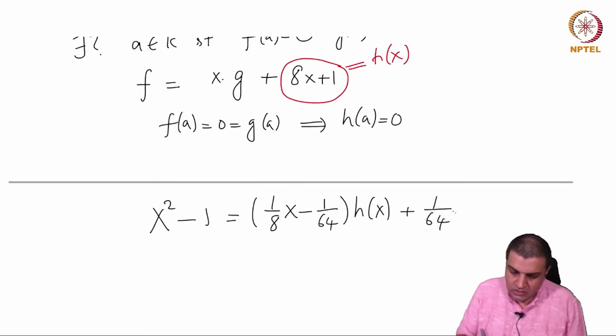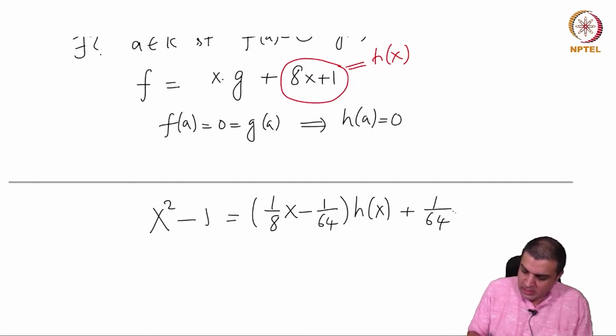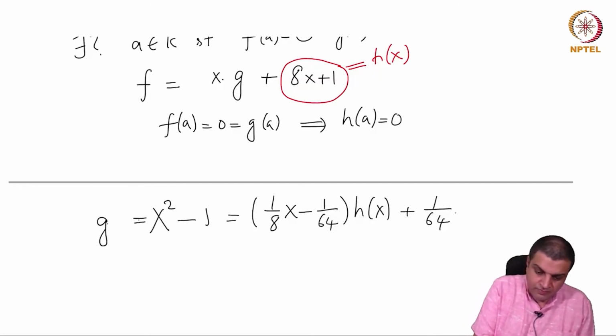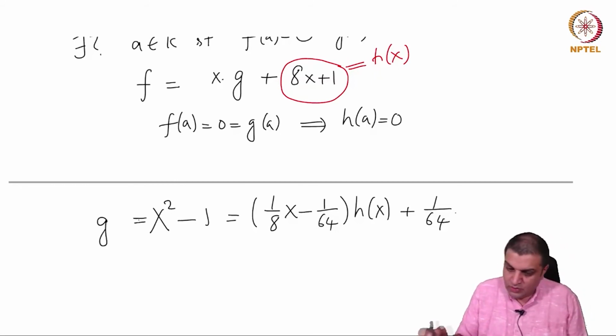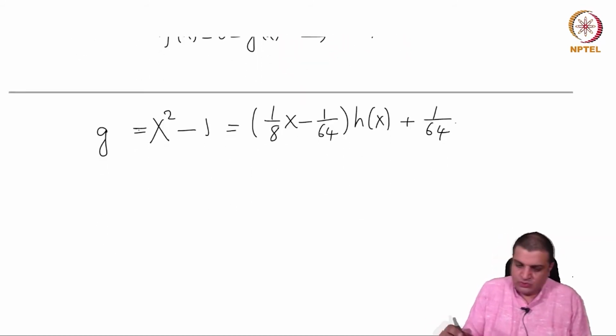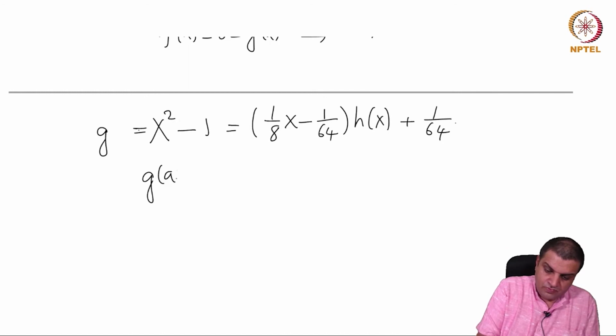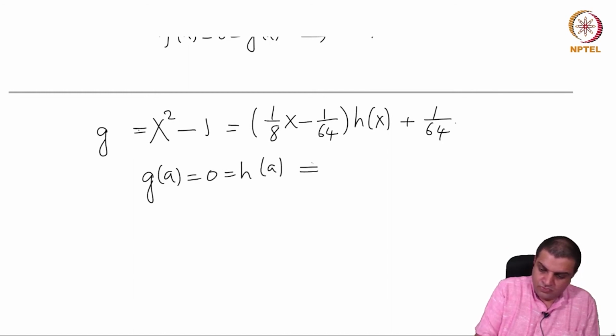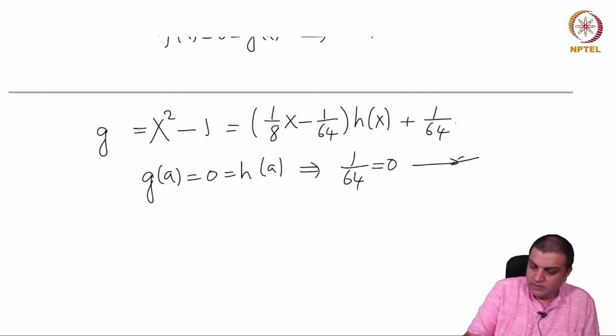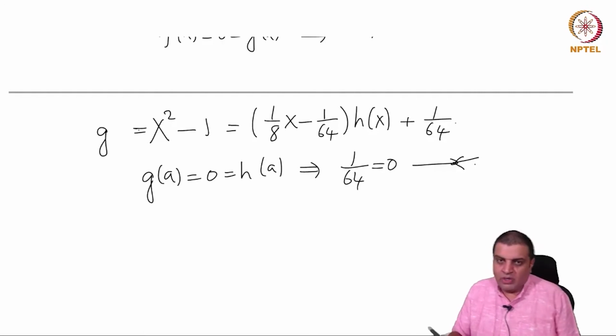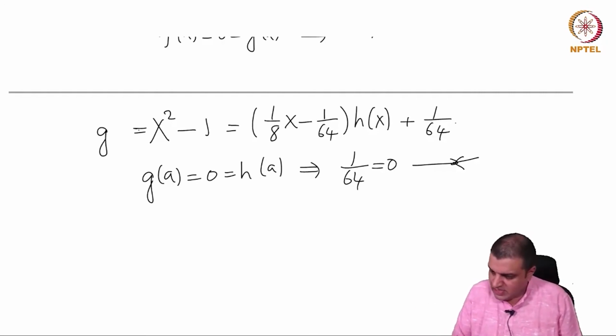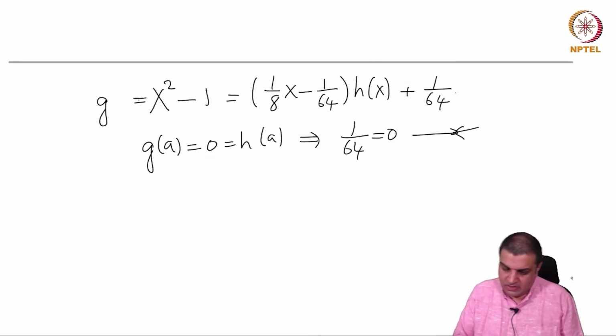So if g of a is 0 and h of a is 0, then 1/64 is 0. This is a contradiction. So what does that say? It says that the system is inconsistent.